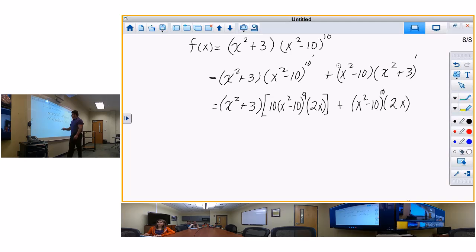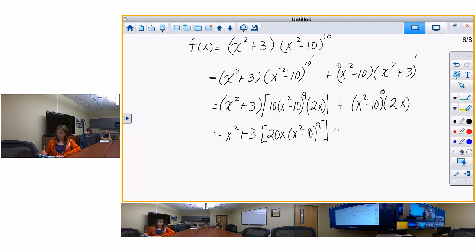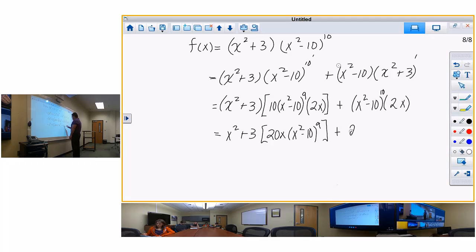All right. So we got x squared plus 3. And then we got to clean up in here. 10 times 2x is 20x times x squared minus 10 to the 9th power, plus 2x times x squared minus 10 to the 10th power.